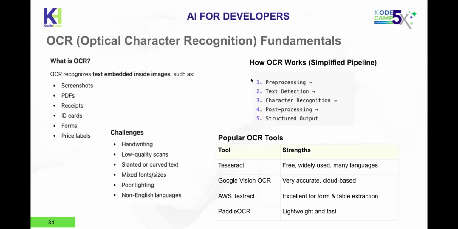Then after vision models, we also have what we call OCR, which is optical character recognition. Optical character recognition is basically a way for text that is embedded inside images to be recognized, right? Such images could be screenshots, PDF files, receipts, ID cards, forms, price labels, right? Now, some of the challenges would be things like handwriting.